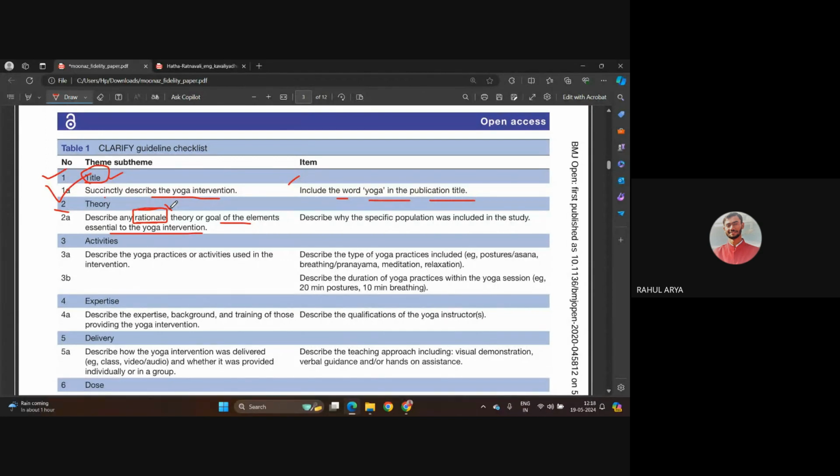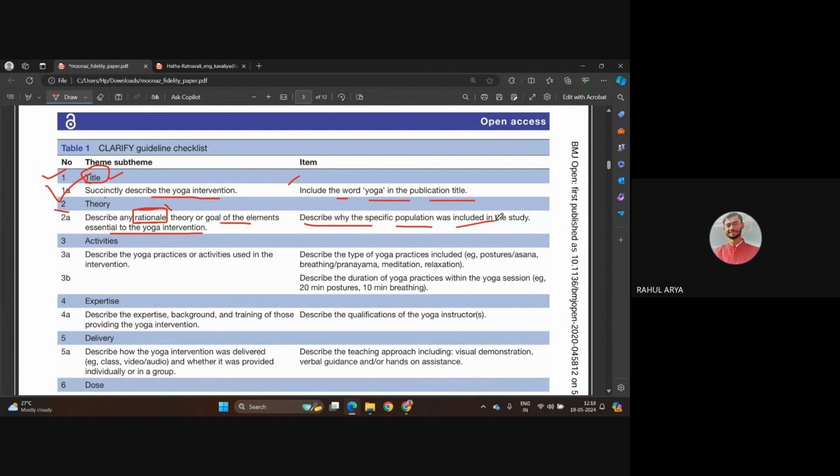Now she has to justify whether she is taking children, youngsters, students, adults, or old citizens, which kind of population is working, and why they selected nursing students, why medical students, why not others. That kind of clear justification we have to explain and describe in the paper. That is the meaning of it.